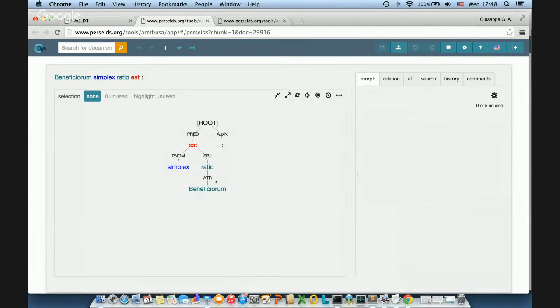This, of course, gives you a lot of room for discussing these kinds of variants or errors with your students.